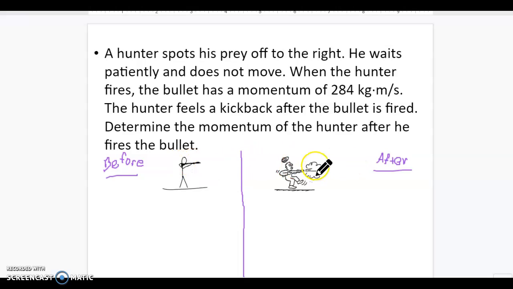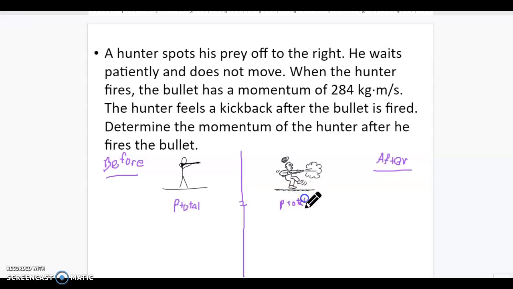Second step, draw your pictures. Third step is we say the total momentum on this side is equal to the total momentum on the after side. And this is setting up our equation and what it will be.